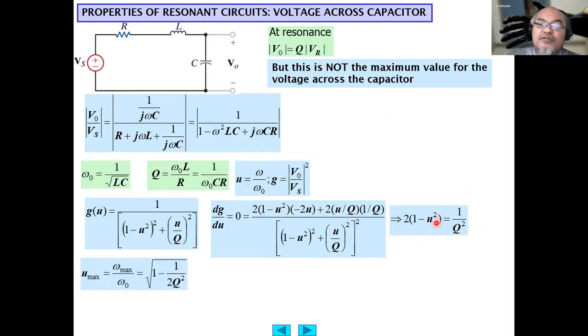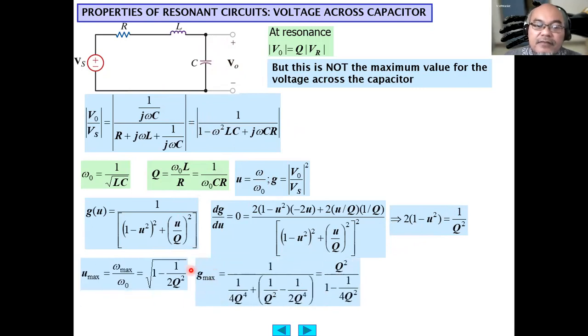And it means the U maximum, the omega over omega 0 maximum, is obtained when omega maximum, meaning the frequency when the voltage across the capacitance is at maximum value, equals the square root of 1 minus 1 over 2Q squared.